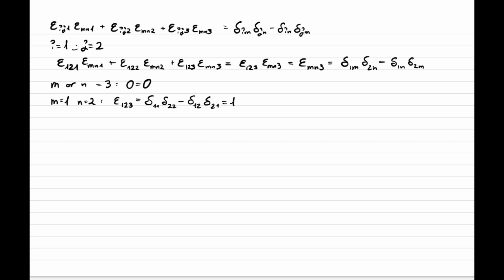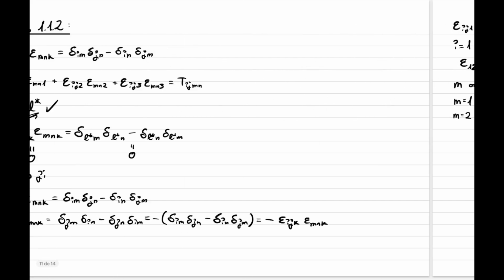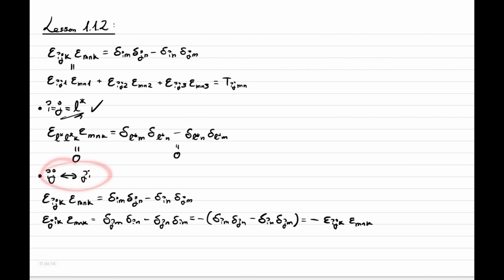So you might want to check m equals 2, n equals 1, but as we said previously, we saw that for ij, if we swap them, there is going to be a minus sign that is going to change, and this also happens for mn, because we can just swap these factors, and the proof that we made here for i and j is going to work also for m and n.